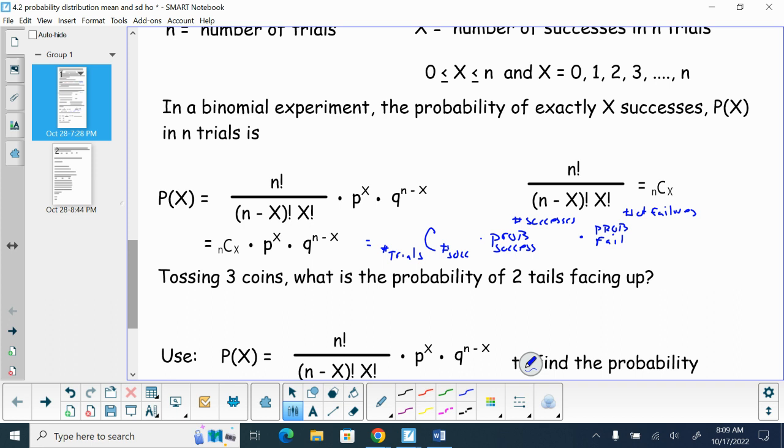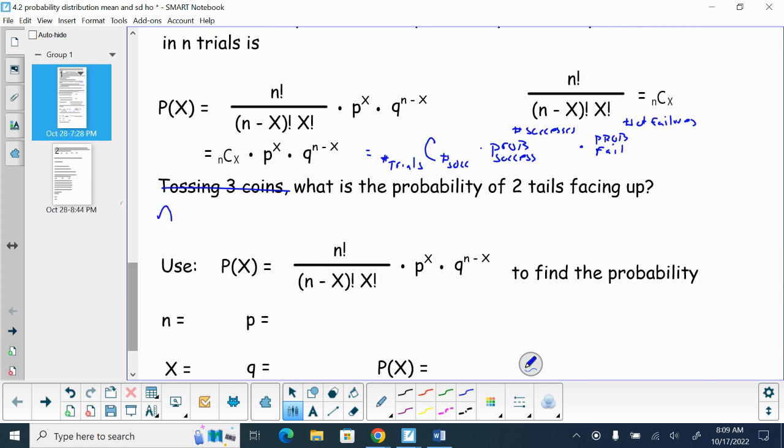I'm going to change this question here, and let's take a look at the ACT.